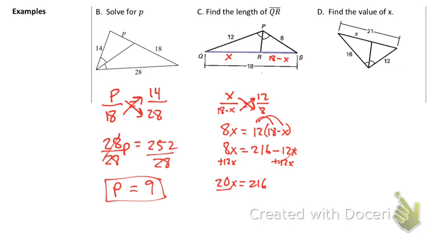Divide both sides by 20, and we get 10.8. So QR, which we labeled as X, is 10.8.